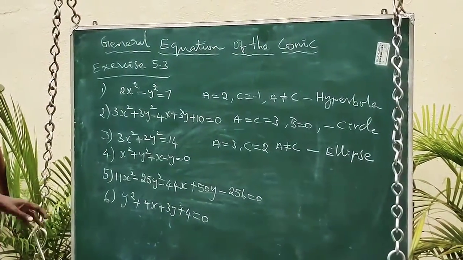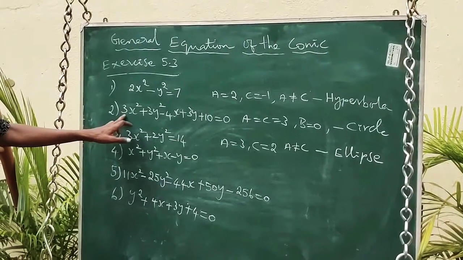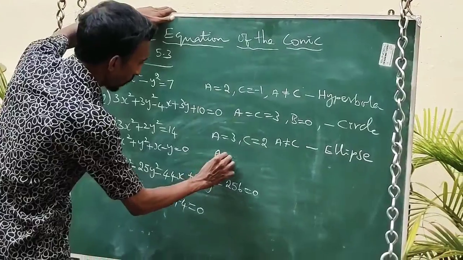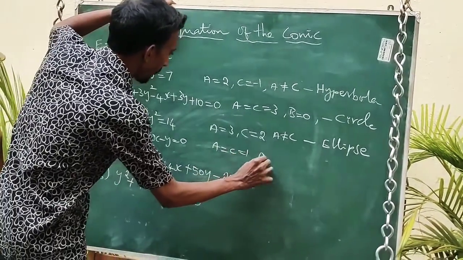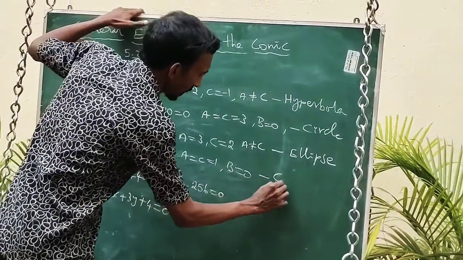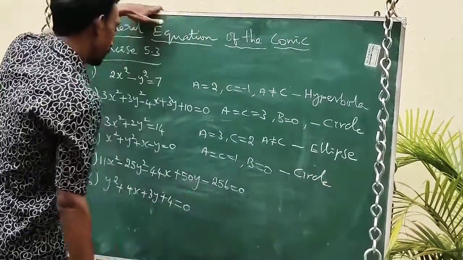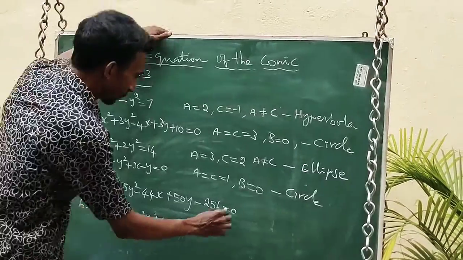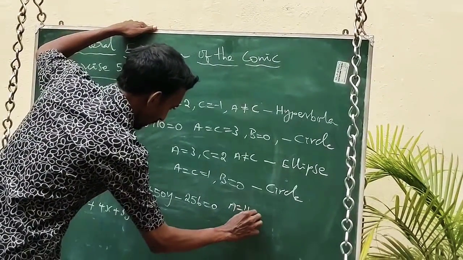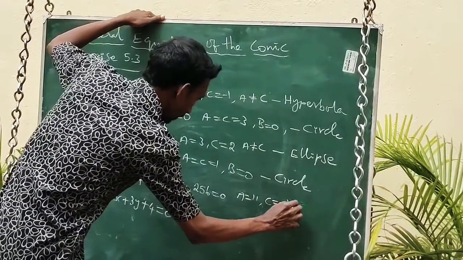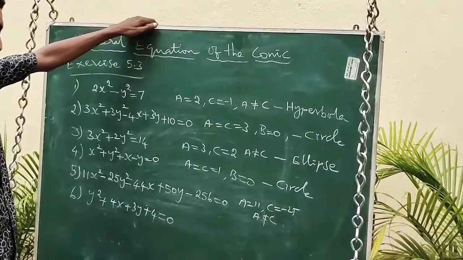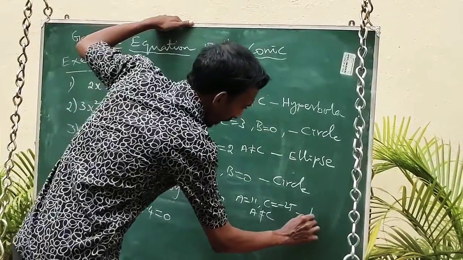Okay. Fourth one, again look at here, it is like the second question. A and C are equal to 1 and B equal to 0, that's why it represents a circle. Okay. Fifth one, A equal to 11, C value minus 25, both are not equal and opposite sign, therefore again a hyperbola.